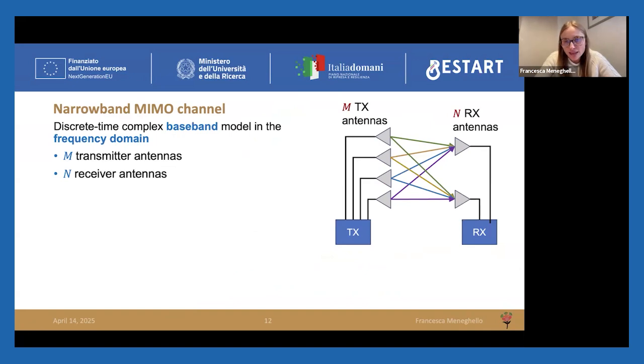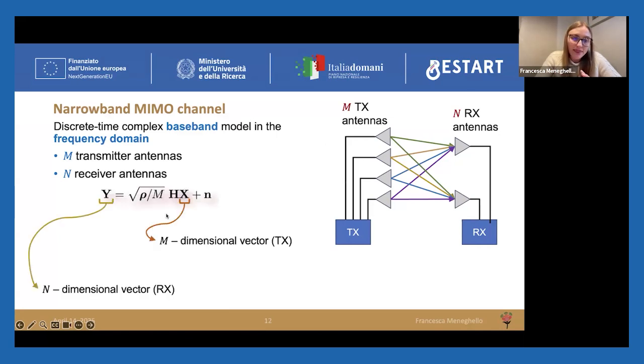We will consider through all the tutorial a system where we have M transmitter antennas and N receiver antennas, and the model for the MIMO transmission in the frequency domain is identified in this way, where we have X, that is the transmitted signal, that is an M-dimensional vector.